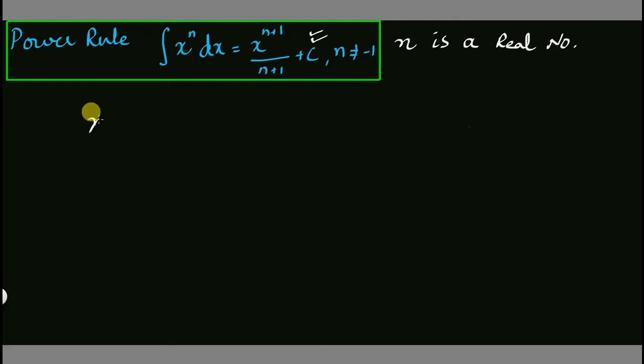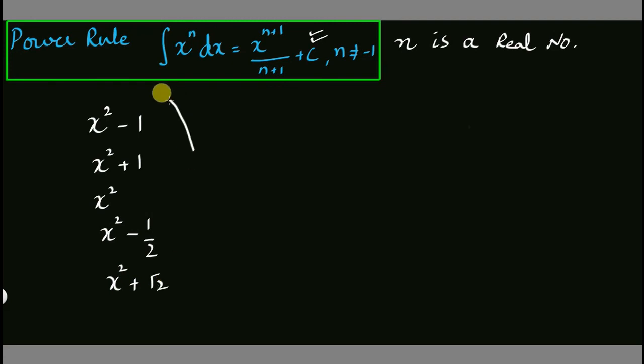For instance, if you have a function x square minus 1, similarly x square plus 1, and then x square, x square minus 1 over 2, x square plus square root 2. These functions are all different but quadratic. The first term is the same but the second terms are different, and these are called the constant terms.